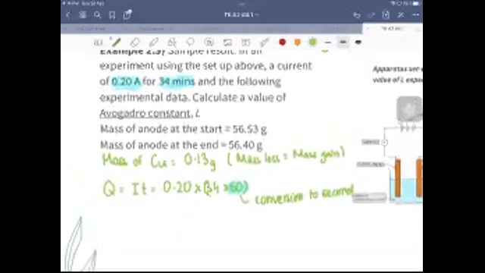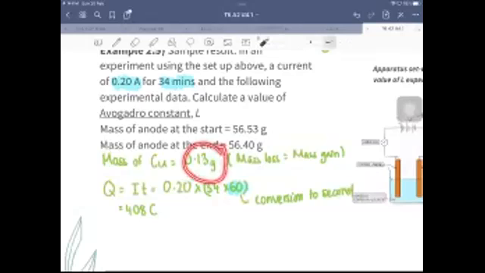Next is times 34 times 60. 408. Okay, so that means if we use 408 coulombs to produce 0.13 grams, how much charge is required to produce 1 mole of copper?